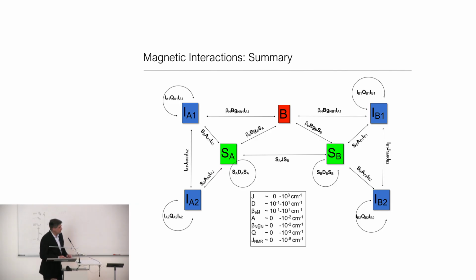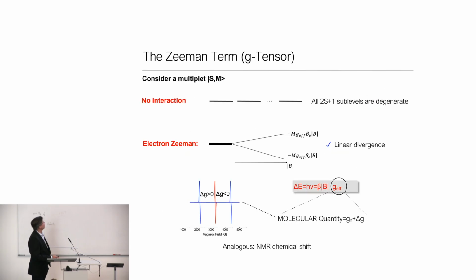So next we briefly go through each one of these interactions and discuss what it does to the magnetic sublevels. The first thing, as I already mentioned, is the Zeeman interaction. If you have 2S plus 1 magnetic sublevels, in the absence of the magnetic field, they're degenerate.